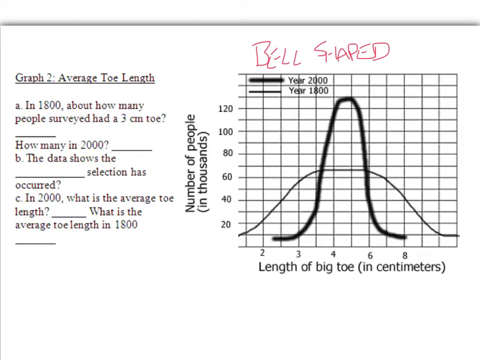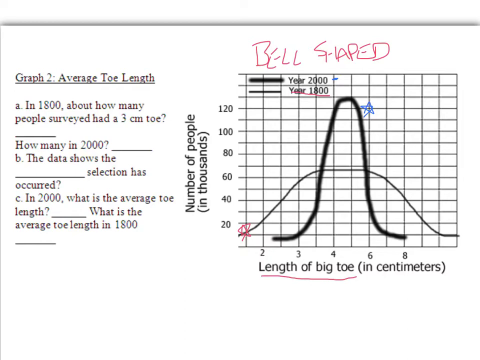We're graphing, with the thin line, the average toe length, or length of the big toe. I know that's weird, but that's what we're looking at, in the year 1800, so that's this line down here. And then we are also looking at a graph of the same kind of data, but from the year 2000, and that's here, our thicker, darker line.